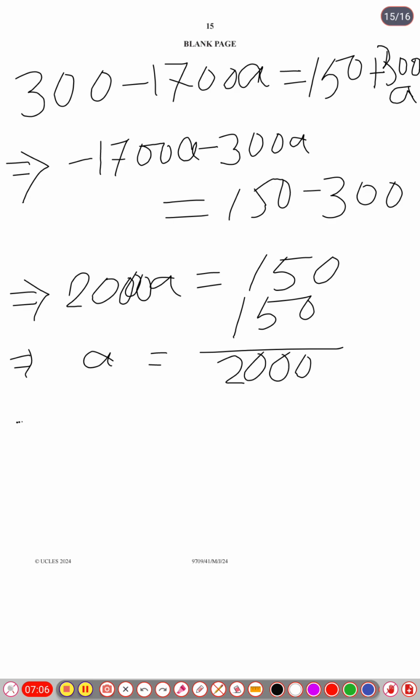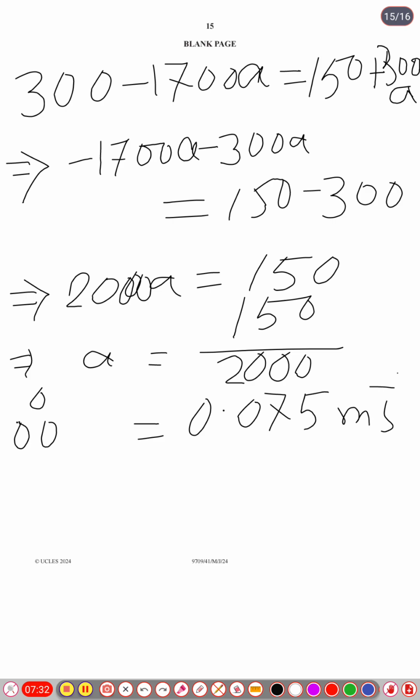Finally we got our acceleration, 0.075 meter per second squared.